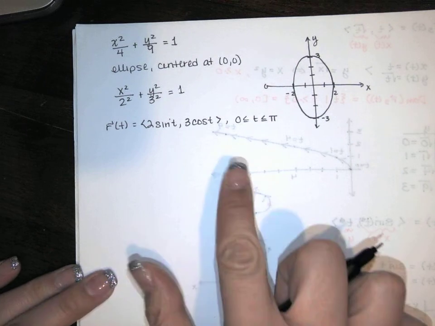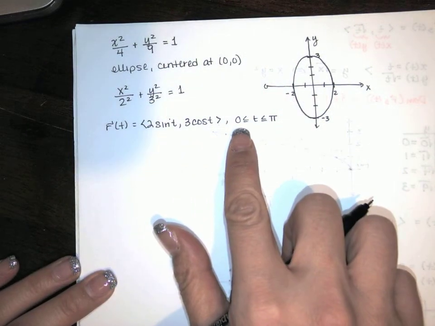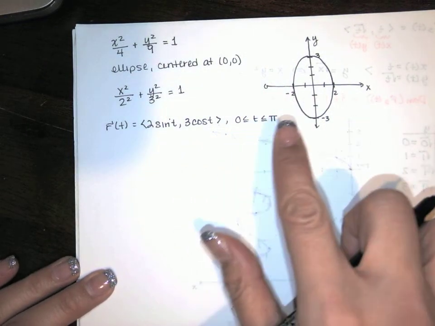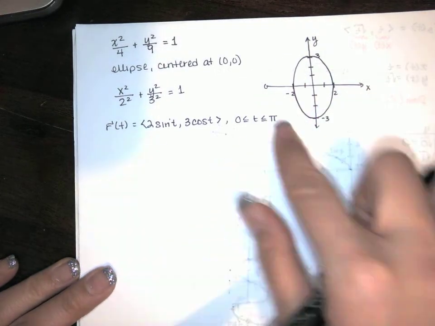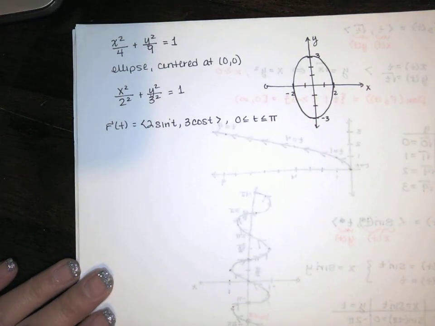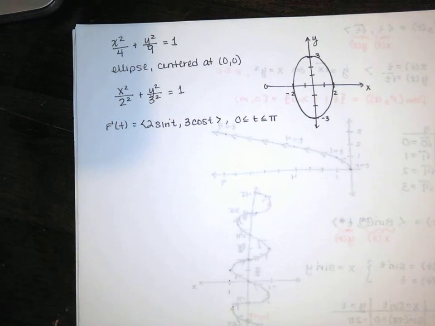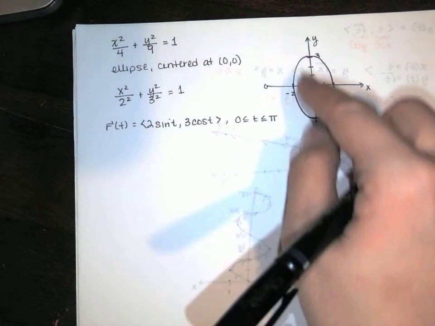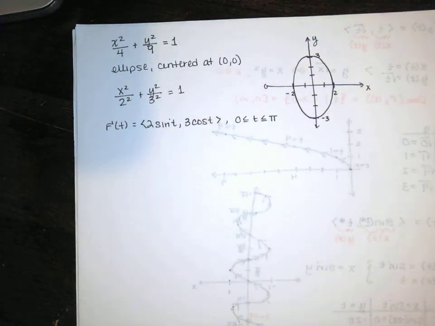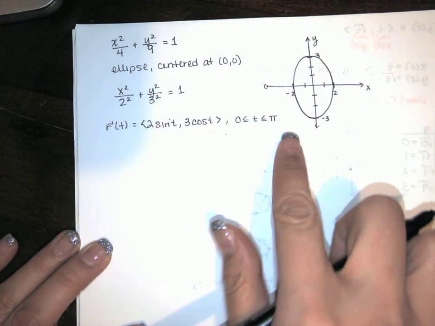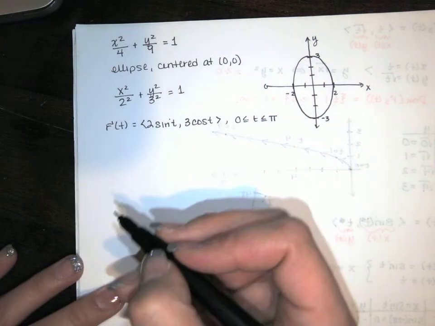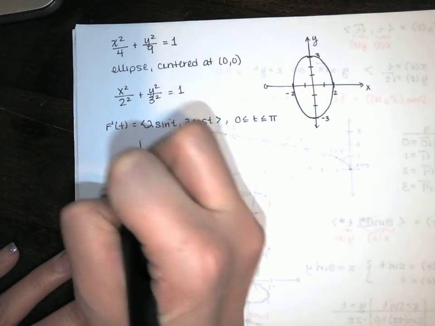So we're going to say, if we have t going from negative infinity to infinity, I'm sure we would trace this ellipse out multiple times. But we only get part of the ellipse. We might get the whole ellipse. Maybe we trace it out exactly once. Maybe not. So to figure out what part of the ellipse we get, let's just plot some points. Always a good idea.